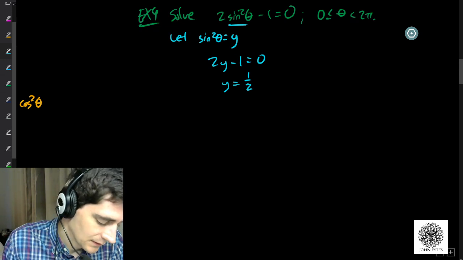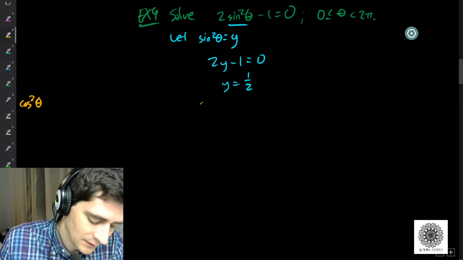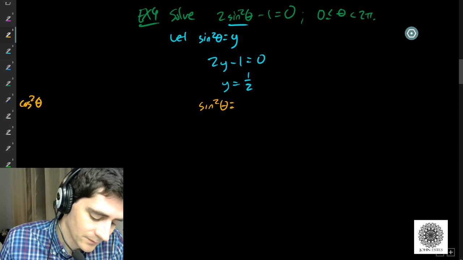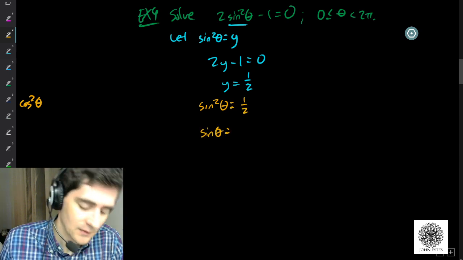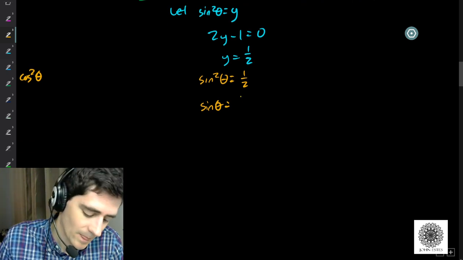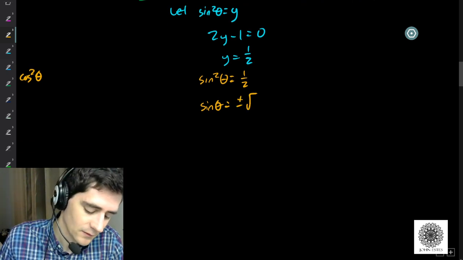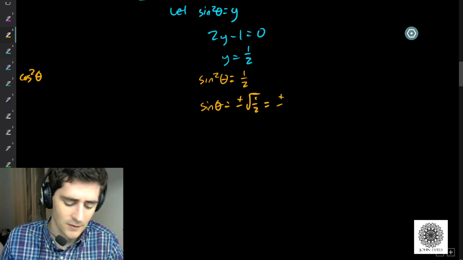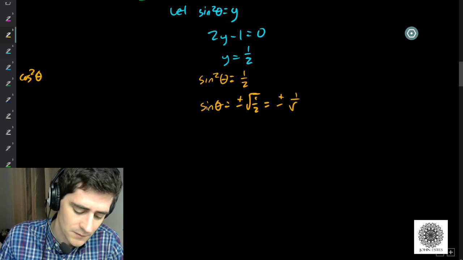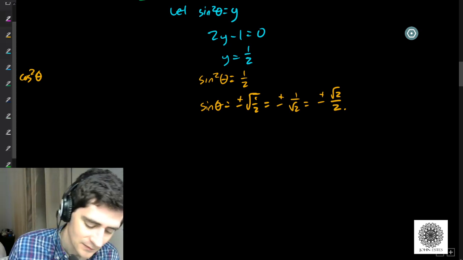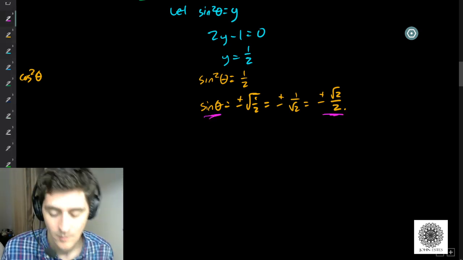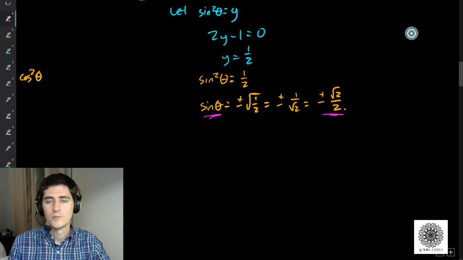Or in other words, going back to trig, sine squared theta equals 1/2, or sine theta equals, taking the square root of both sides, plus or minus the square root of 1/2, which is plus or minus 1 over root 2, which is plus or minus root 2 over 2. Okay, so there it is. Sine theta equals positive and negative root 2 over 2.